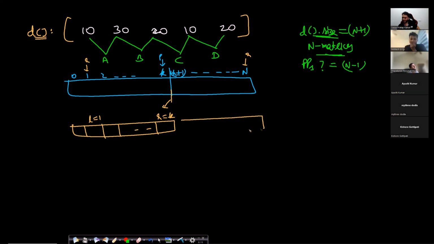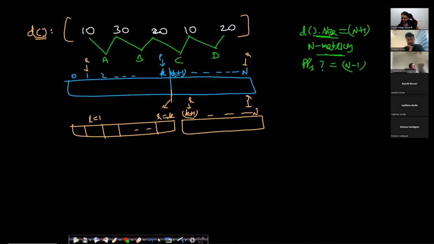The array is same, just the position pointers are changing. This is K plus 1 to N, and this is your L value and this is your R value. I'm just making sure that you understand why L has been assigned to K plus 1, why not to K, why not to K plus 2. That is the thing I want to tell you.